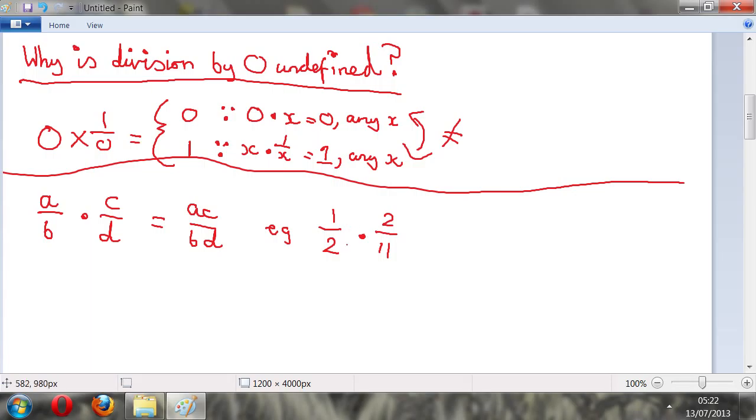So we can see that A over B times C over D equals AC over BD. So we can see that if we multiply 1 by 2, we get 2, multiply B by D, get 22.